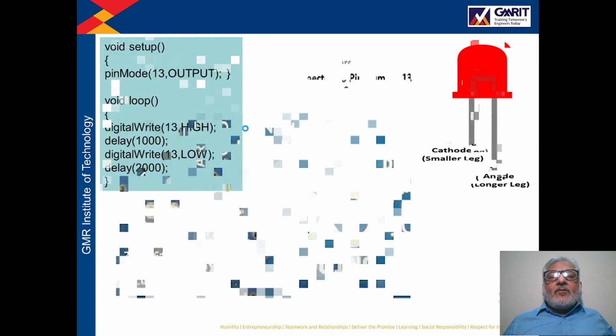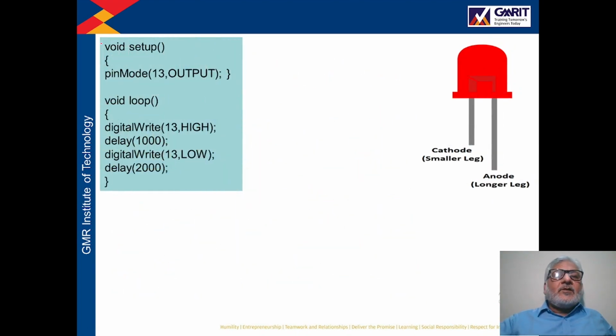So now we will see the program here. Already we discussed that an Arduino program has two functions. This is our function number 1, setup, and loop is our function number 2. Loop will run continuously.